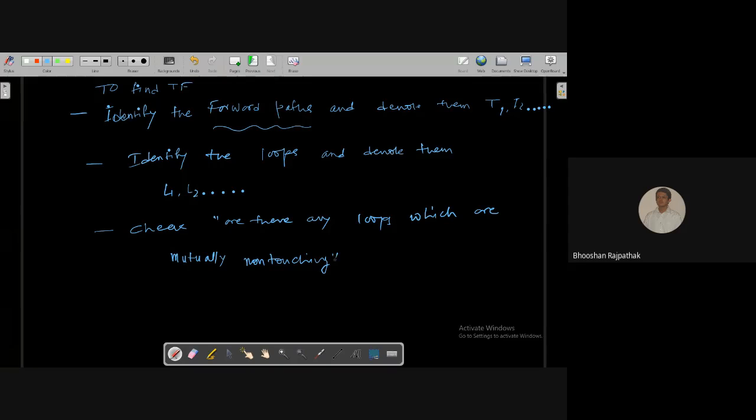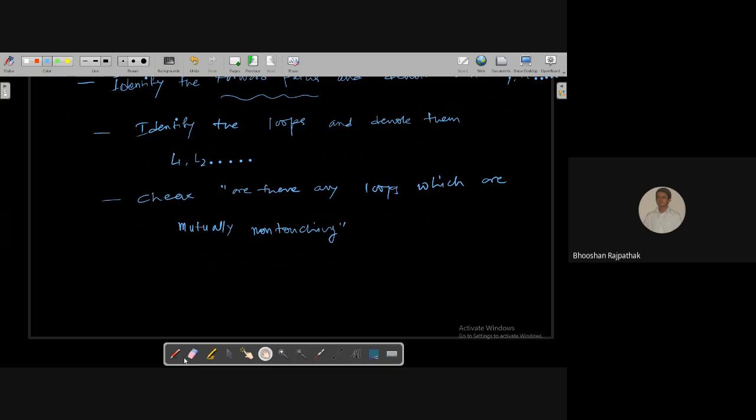I will explain this in one example. The third step is always to check whether there are any loops which are mutually non-touching.